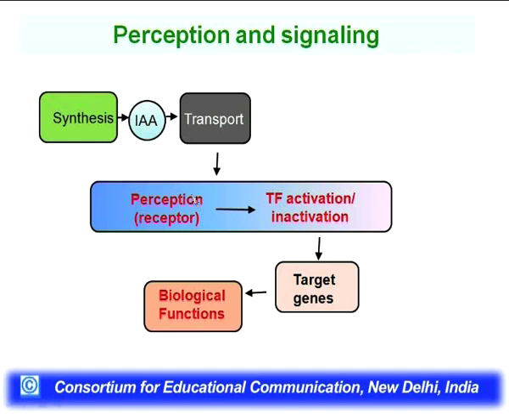So, there must be a receptor which will receive auxin, and this will activate a transcription factor which will in turn activate the genes which are the targets of auxin and its biological functions.